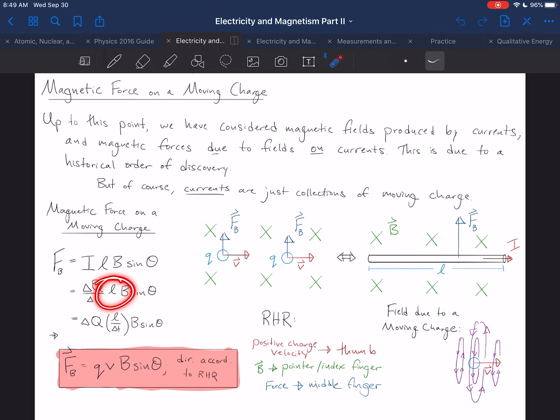That how fast, L over delta T, can be directly interpreted as the velocity of that charge.